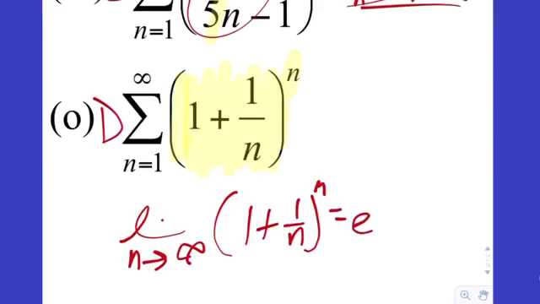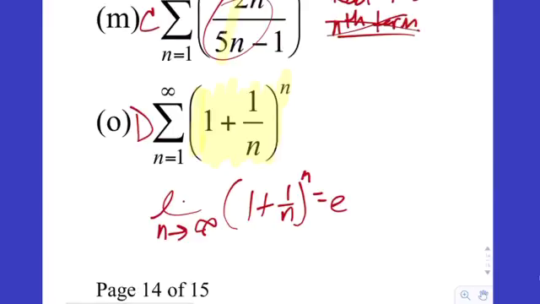Diverges, okay? Because the terms are approaching e, you're going to say plus e plus e plus e, right? 3 plus 3 plus 3-ish. So be careful, again, the difference between a sequence and a series, by the nth term test.